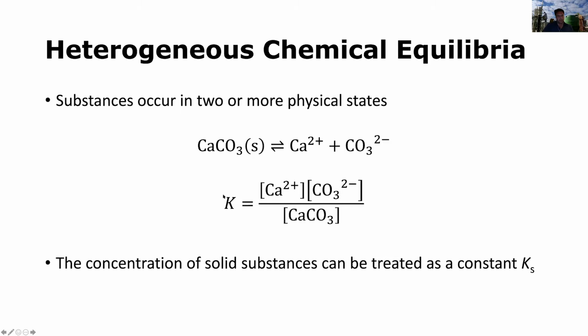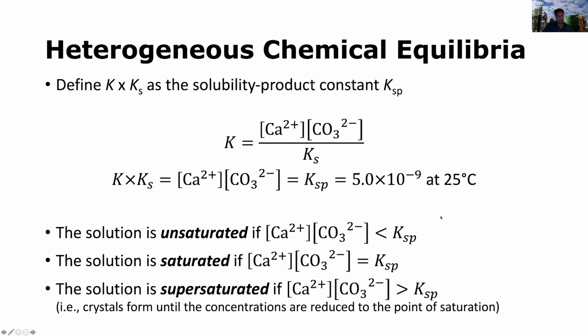So here we have, again, the chemical equilibrium equation, and the concentration of solid substances can be treated as a constant, K sub S. Therefore, this equilibrium equation simplifies to K equal to the molar concentration of calcium ion multiplied by the molar concentration of carbonate divided by K sub S.